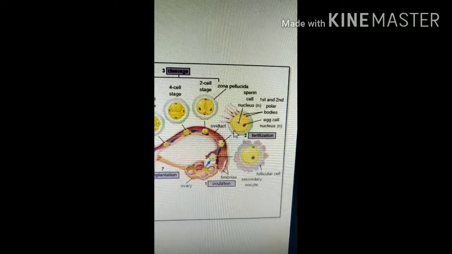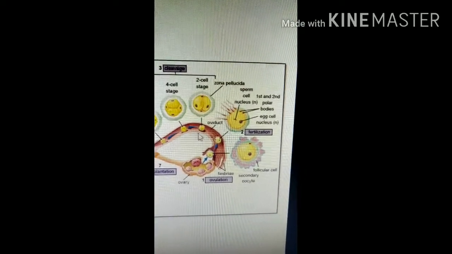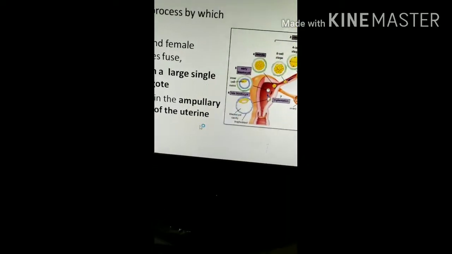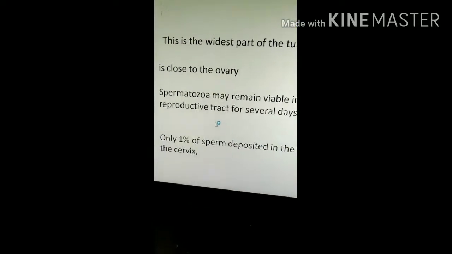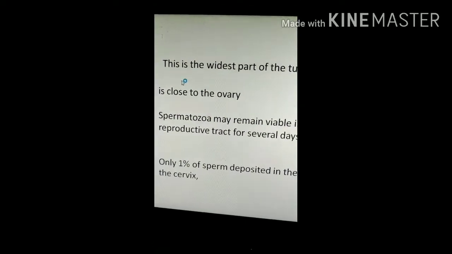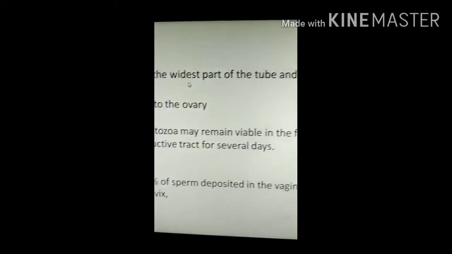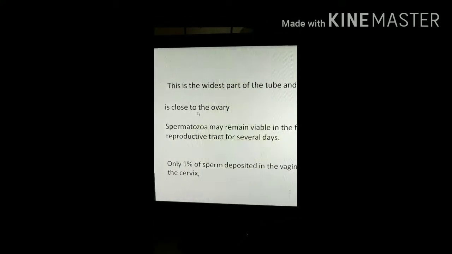This is the fallopian tube, and this is the ampullary region where fertilization starts. Why is the ampullary region chosen? Because this is the widest part of the tube and close to the ovary.